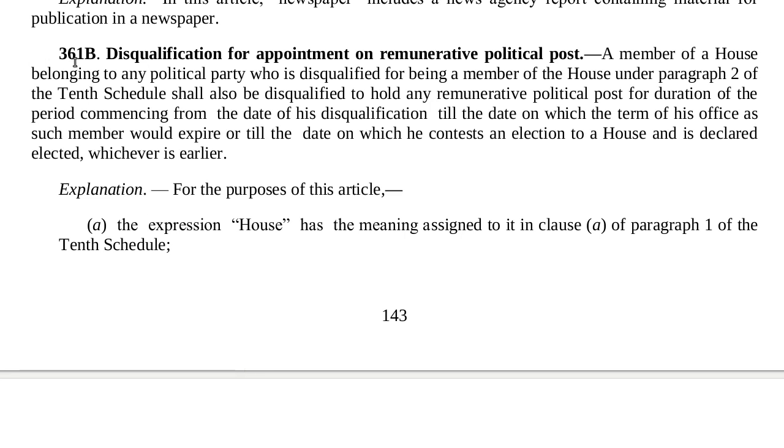Article 361B. Disqualification for appointment to remunerative political post.